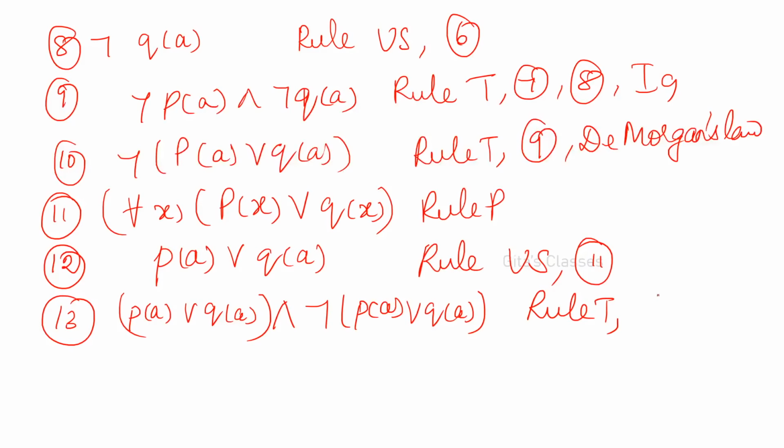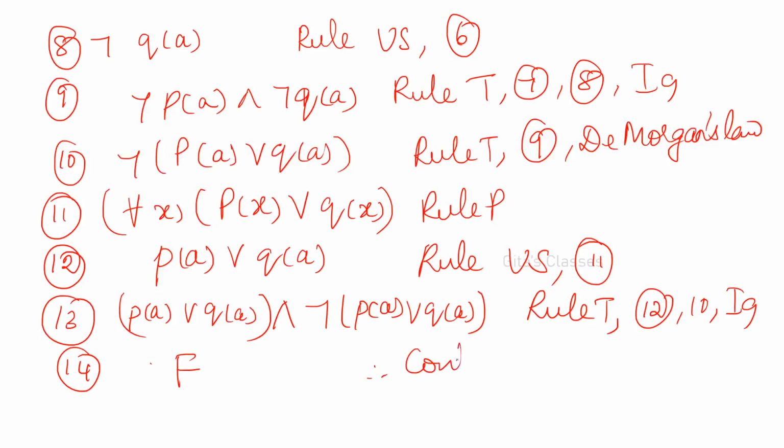I have applied it in steps 12 and 10, I9, conjunction. What is this? This is a formula and its negation, which is a contradiction. Or you can write false also here. Last step 14, it is false.